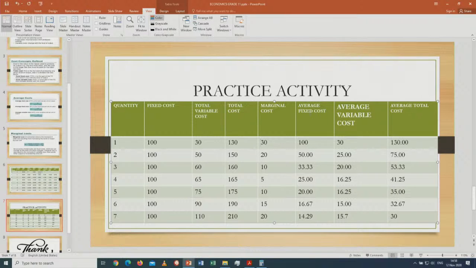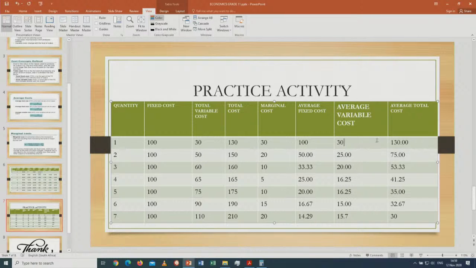And then we have our average fixed cost, where we look at what was our fixed cost and what was the number of units we produced. And for average variable cost, we go back and look at what was our variable cost and how many units we produced, to apportion this portion of the variable cost to the 1 unit.